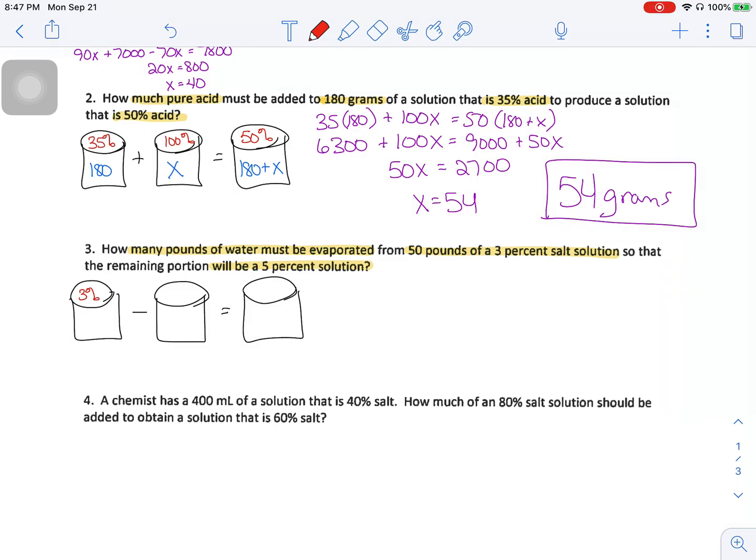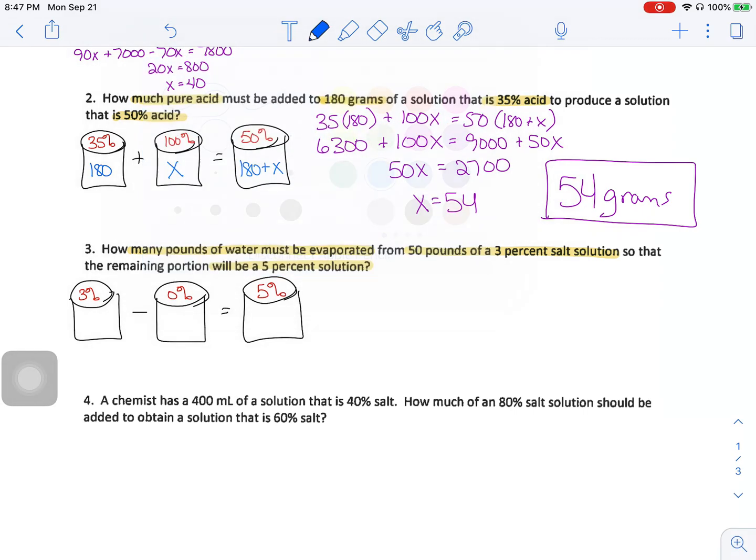And I'm trying to be very articulate and very clear about a salt solution, because if we're talking about evaporating water, water is 0% salt. Water is pure water. It's 100% water, 0% salt. So be careful about that, okay? And we're trying to create a 5% salt solution. All right, so 5%.